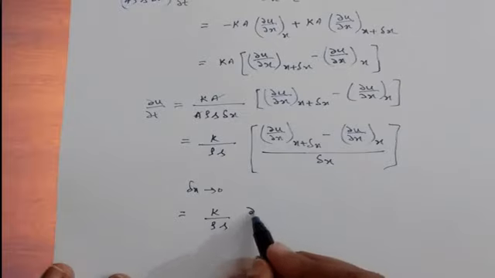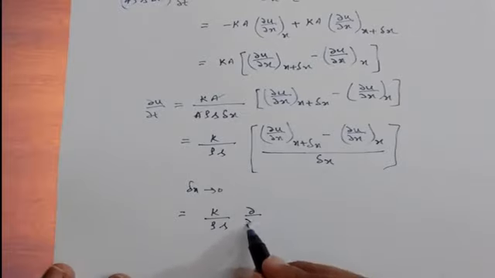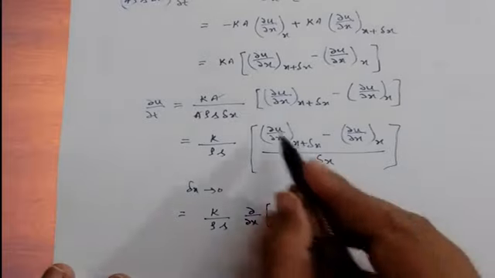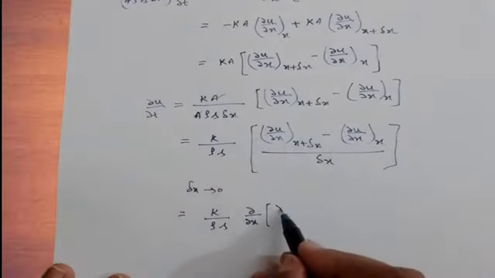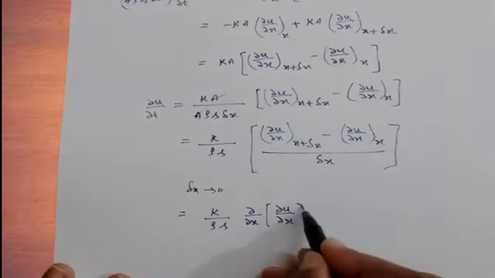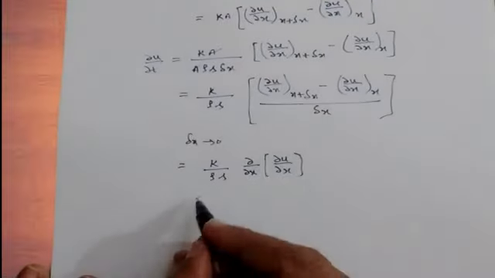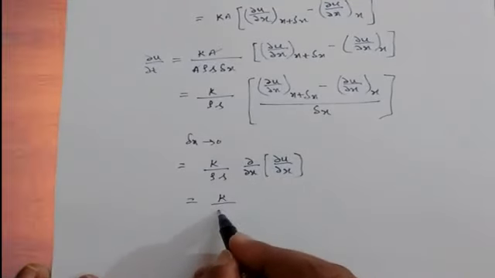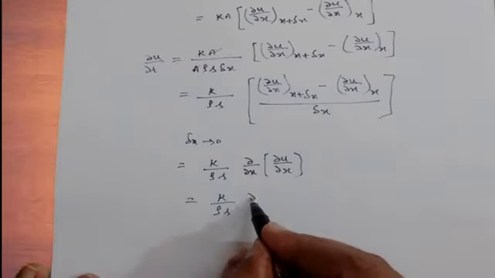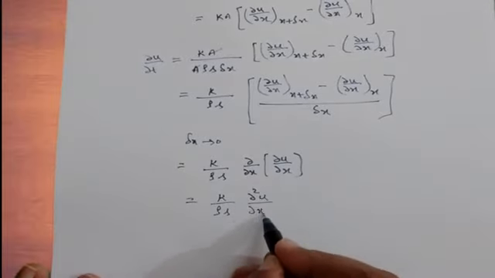Because delta X tends to 0, it is dou by dou X of dou U by dou X, which is nothing but dou square U by dou X square.